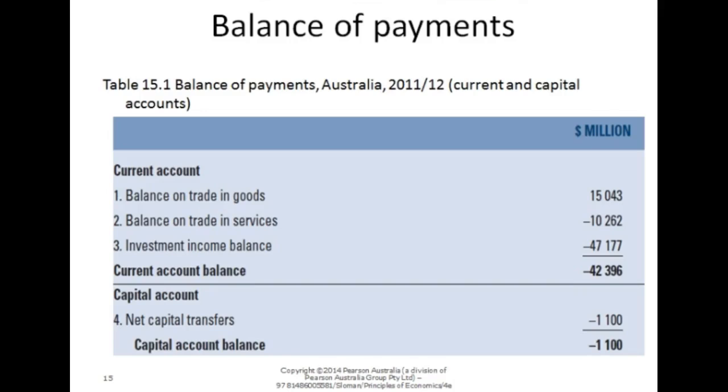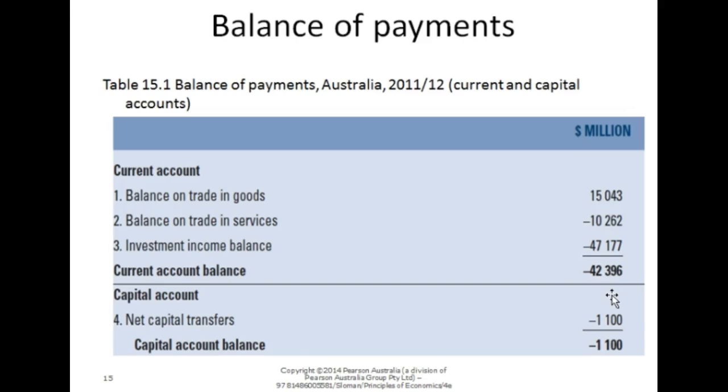So this is an example of balance of payment in current account and capital account in 2011-12, and we can see that balance on trade in goods was in surplus, whereas the balance on trade in services was in deficit. There was also a large deficit in the investment income balance. So the current account balance was in deficit of $42,396 million.